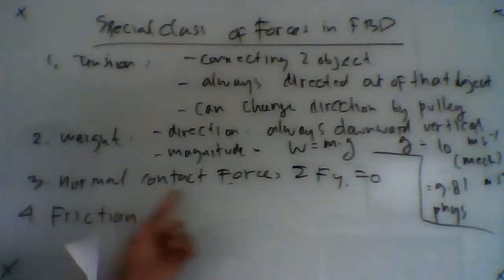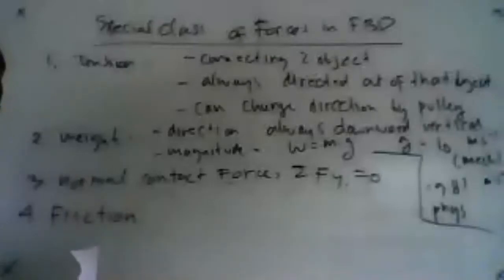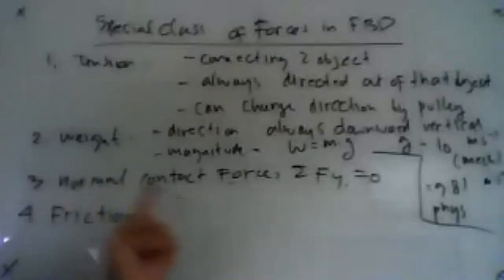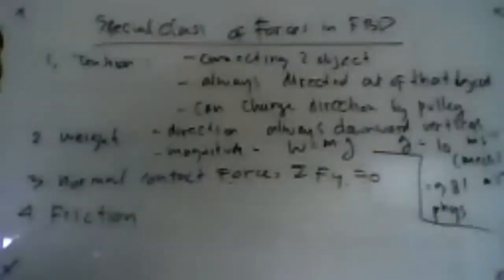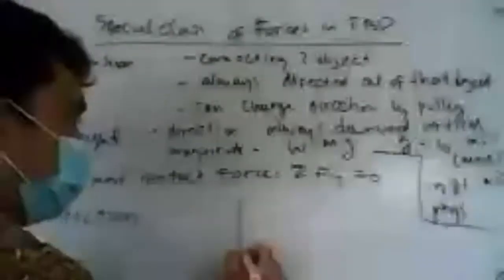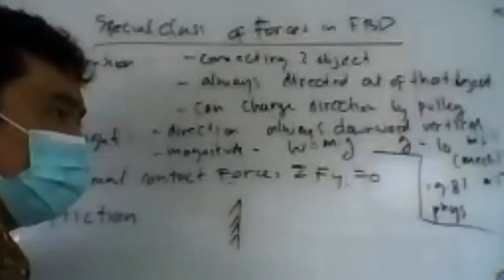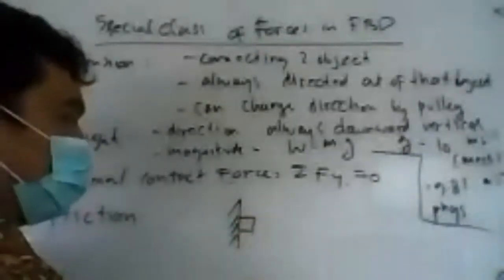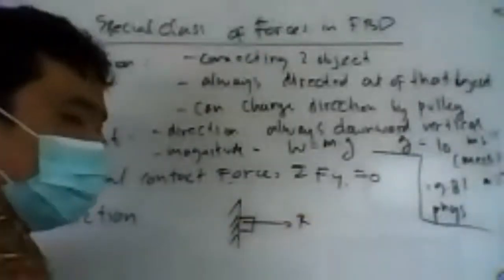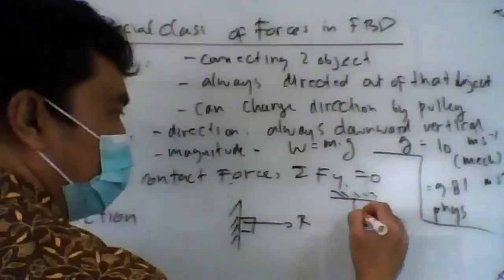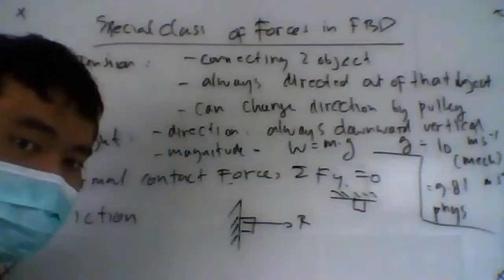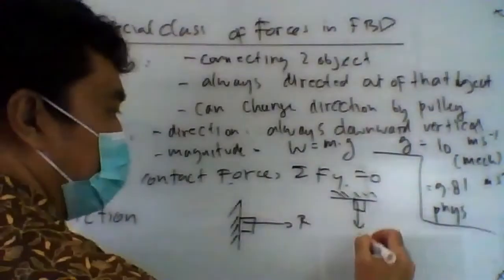For normal contact forces, please be advised that it is perpendicular to the surface area. So the direction of it depends on the direction of the surface. If we have an object on a vertical surface, then the R is going that way. If the object is in contact with a ceiling, then it's going downward.